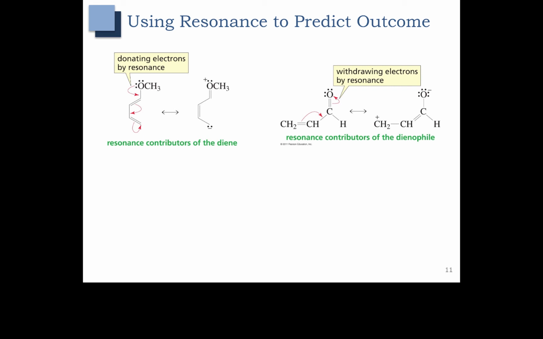So what does this tell us? This tells us that there is a delta minus on the ether. There's the delta minus. And on the aldehyde, we have a delta plus.